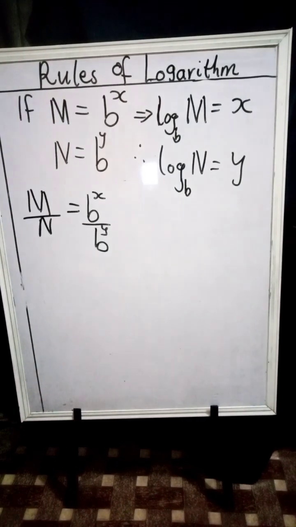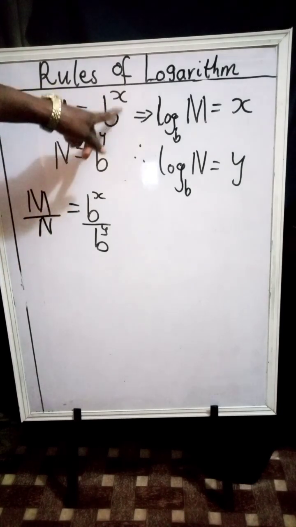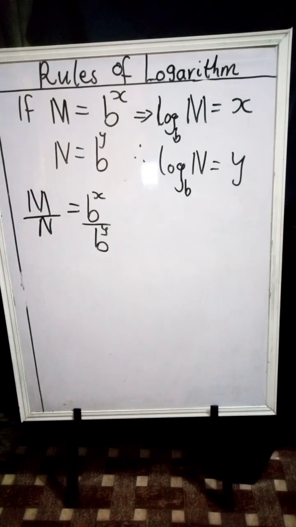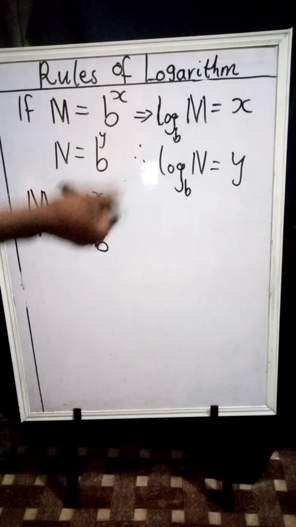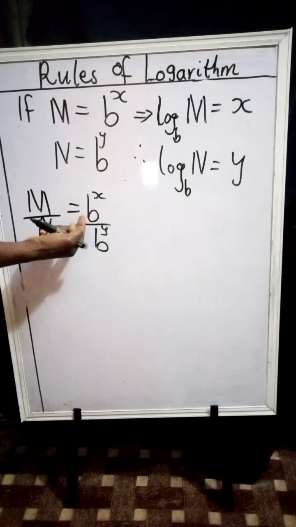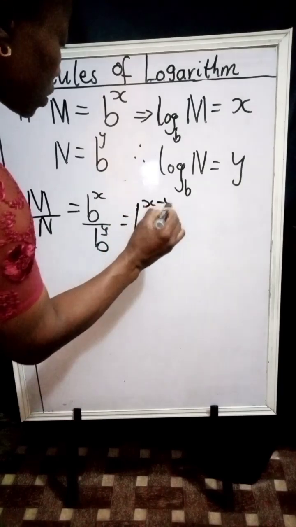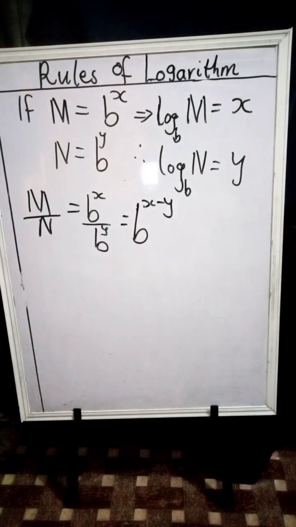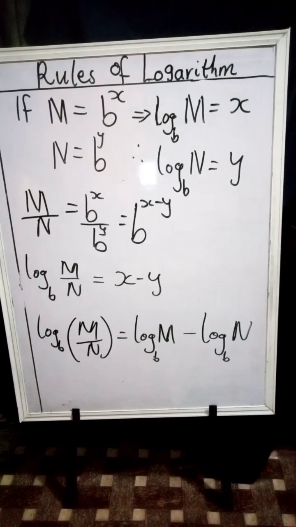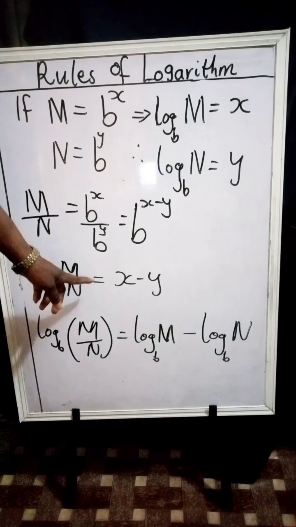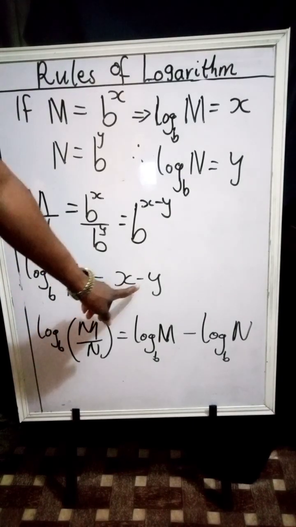Recall also that m divided by n is the same thing as b to power x divided by b to power y. Remember the second rule of indices. Since this is the denominator and they have the same base, this will give us b to power x minus y, such that log m divided by n to base b is equal to x minus y.